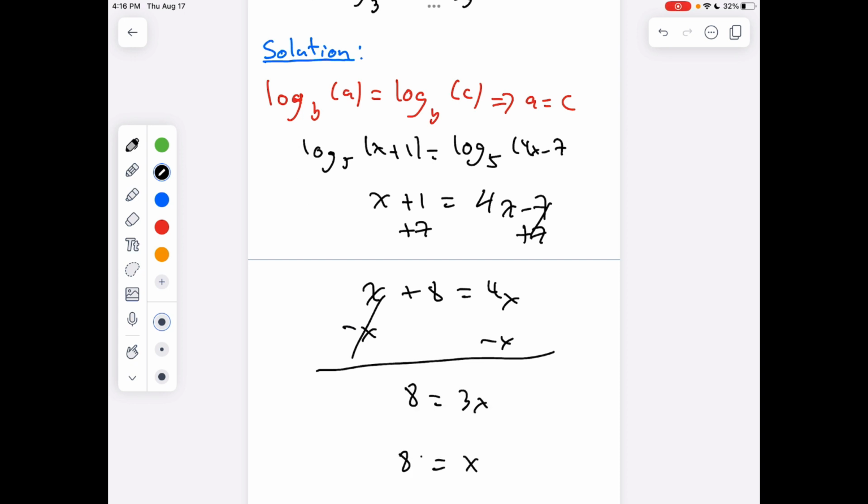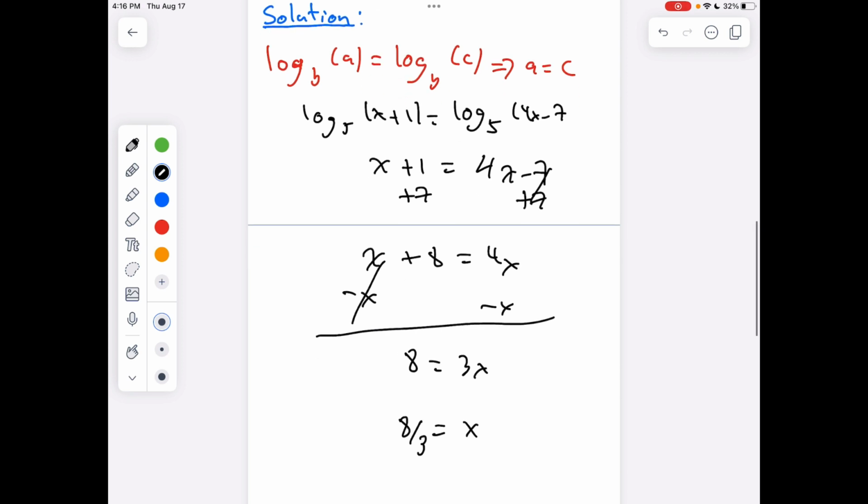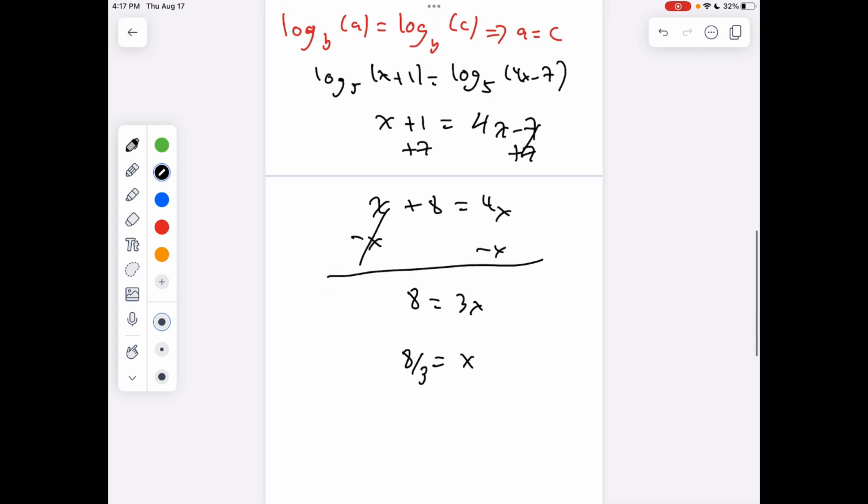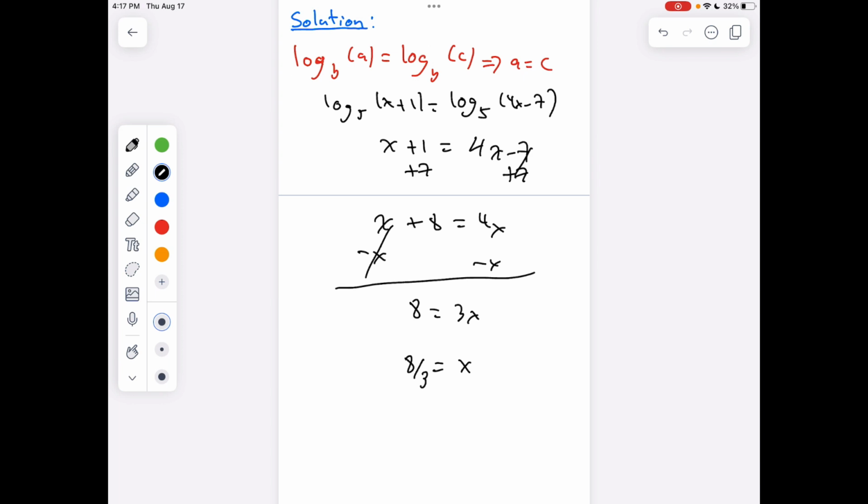Now, you would technically want to check your answer here, because it is possible that your answer gives you something that's undefined inside the log. What you really need to check for is that the inside of the log is not negative. So if you go to the part where it's x plus 1, you get 8/3 plus 1, that's positive.